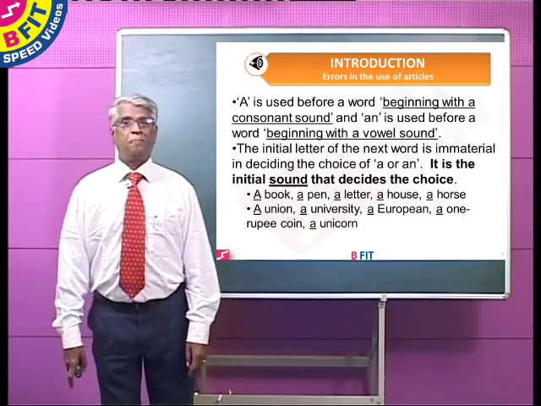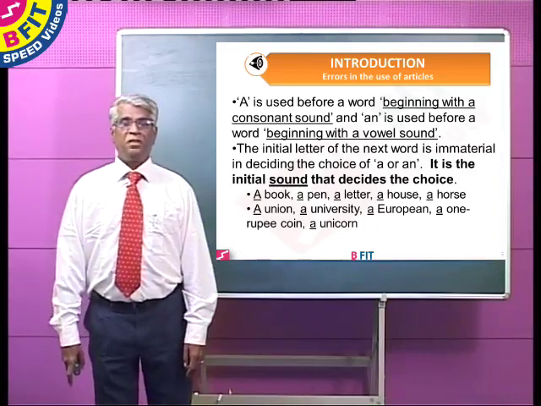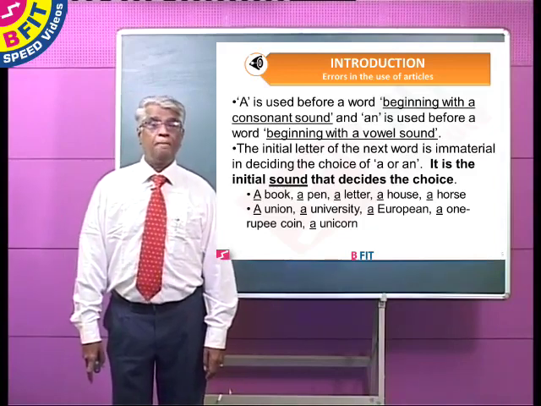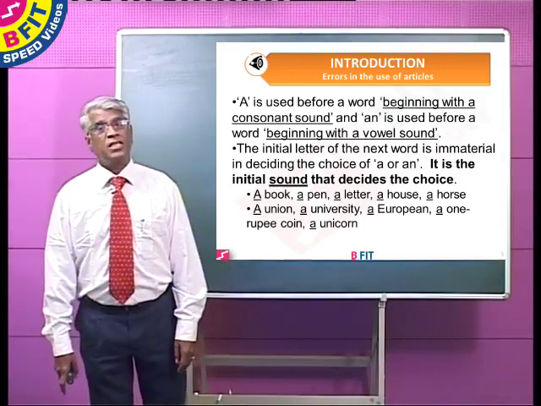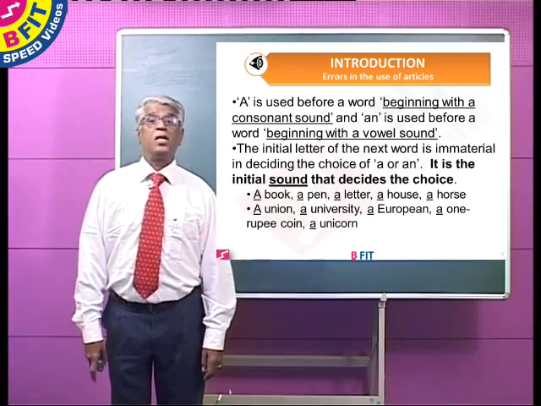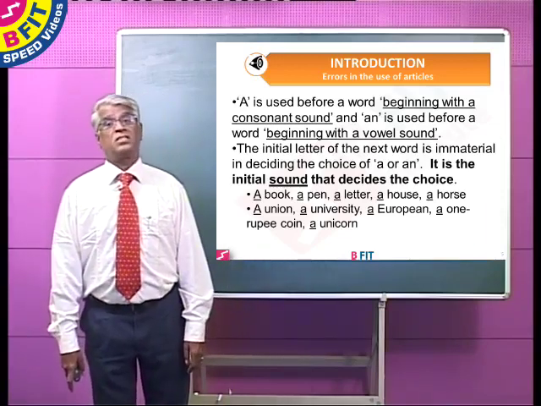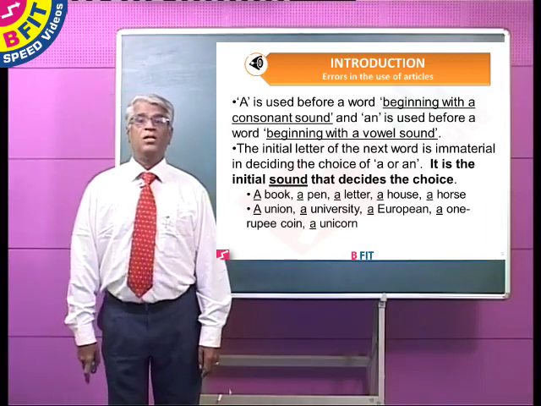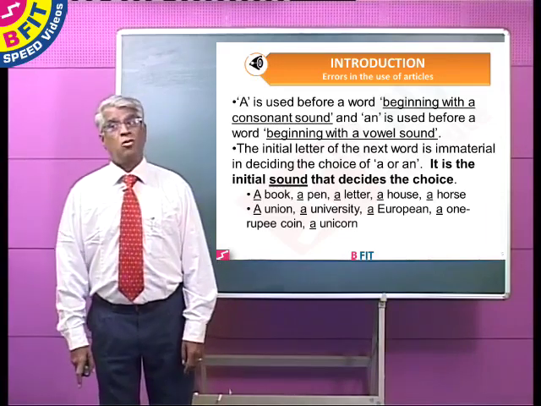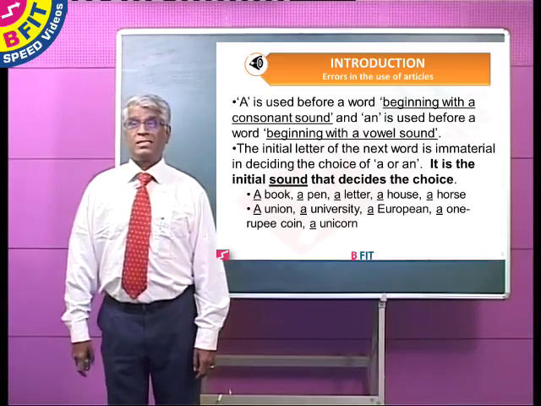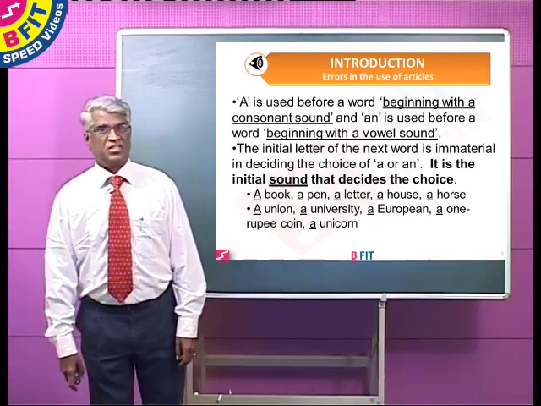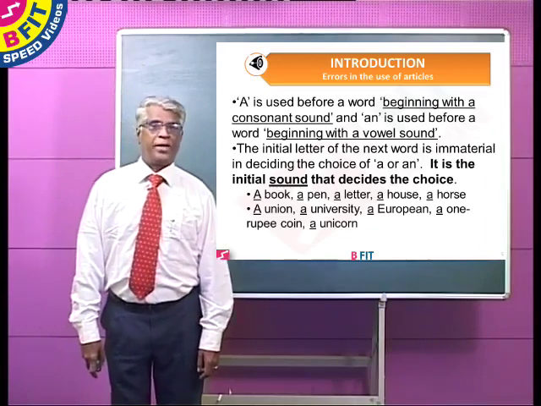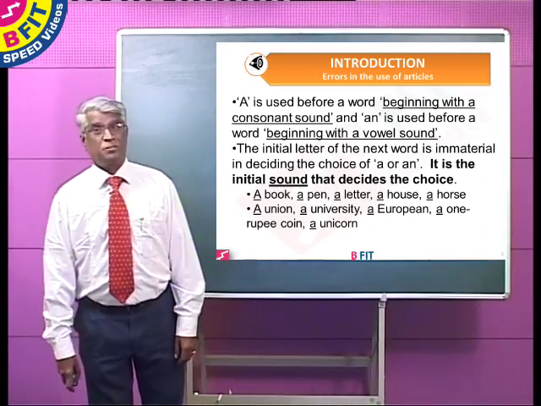Similarly, the word European, the first letter is E, but it is not pronounced as 'eoropean'. It is pronounced as 'yuropean'. The first sound is Y. Therefore, it is a consonant sound. We have to choose a and not an. Now, the fourth example is something very interesting. One rupee coin, one rupee note.